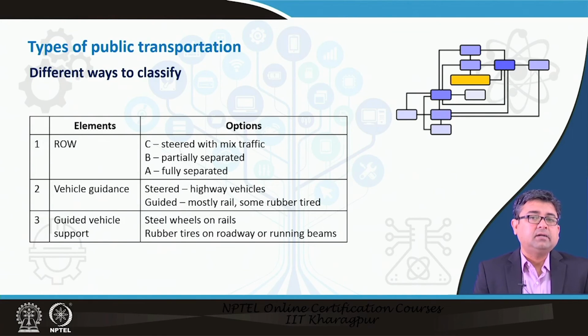We have already looked at the right of way elements and how they can be classified as C, B or A. They can also be classified as different types of vehicle guidance, like they can be steered vehicles like buses, or they can be guided vehicles which are on rails, and sometimes on rubber tired transport as well, but mostly rail transport, metro rail or light rail or public transportation lane or regional rail. All of these are usually guided systems, guided public transportation systems.